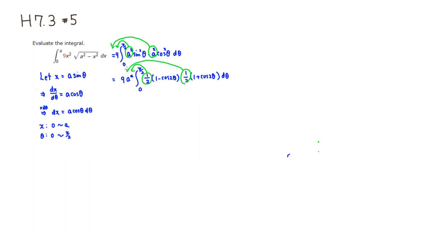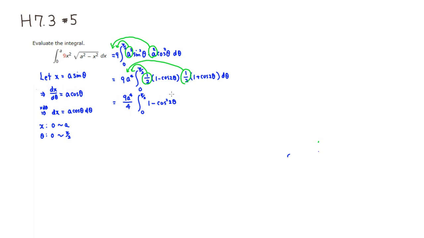So we're going to get 9a to the 4th divided by 4, and then an integral from 0 to pi over 2. If you multiply 1 minus cosine of 2 theta times 1 plus cosine of 2 theta, you're going to get 1 minus cosine squared of 2 theta.